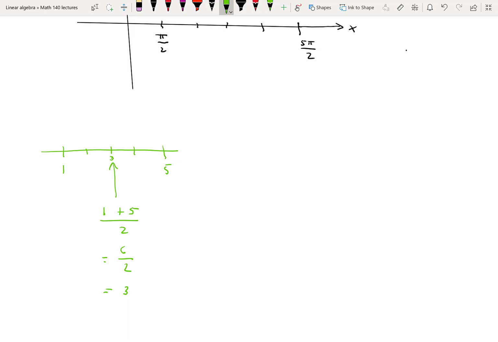So that point must be 3. And then you repeat the process for the other 2 points. I want the midpoint between 1 and 3. That's 1 plus 3 divided by 2, or 4 over 2, which is 2. You actually did this in Algebra 2, or in intermediate algebra. You may not remember it quite this way.